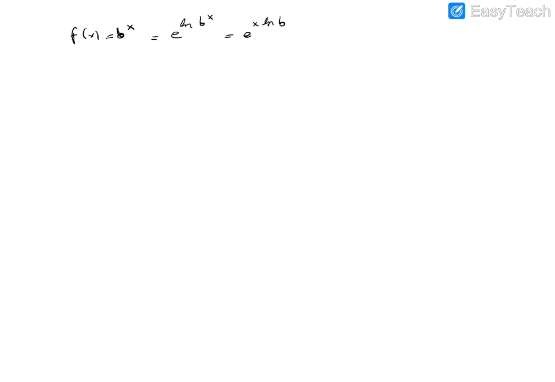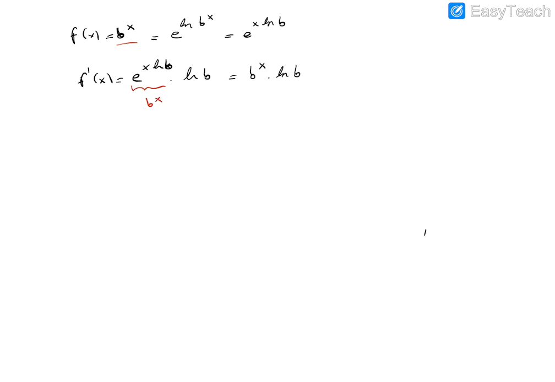So let's differentiate. f prime of x equals e to the power x ln b times the derivative of the inside function x ln b by the chain rule, which is ln b. If you consider the first case, this equals actually b to the power x. So that means the derivative of b to the power x is b to the power x times ln b. So we have that formula.